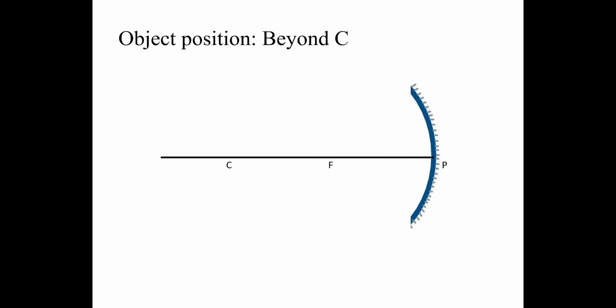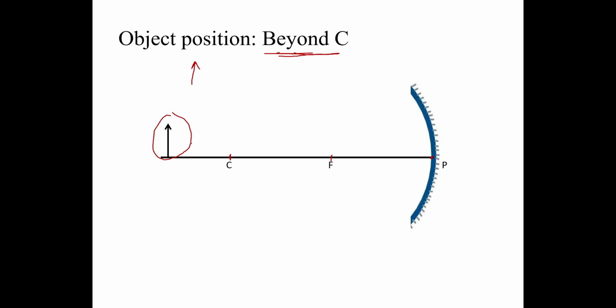As I told you in my previous video, we will represent our object like this: a line with an upward arrow. This is how we represent our object. This is your center of curvature, this is your focus and this is your pole, and you are placing your object beyond C. As the heading says, the object is beyond C.